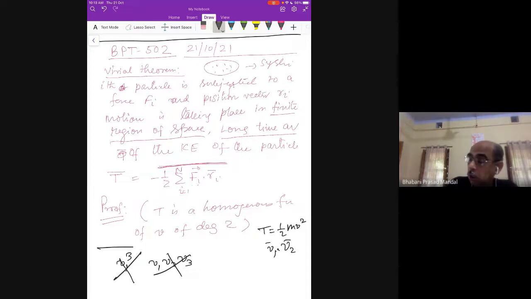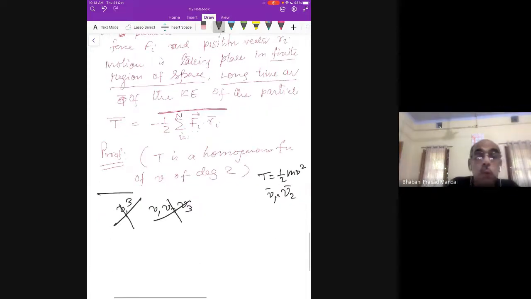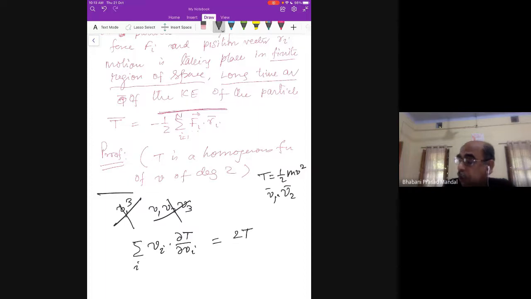Okay, so if that is true, then I can immediately write that the sum over i of vi dot del T del vi is 2T, right? Because of degree 2. So this is Euler's theorem.